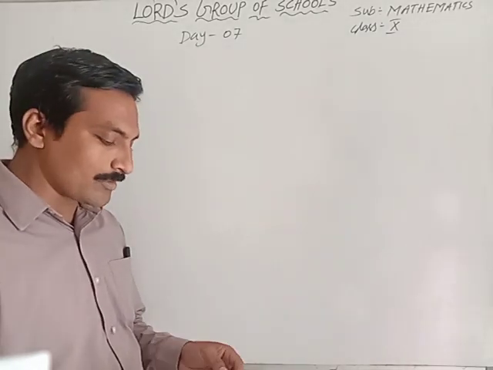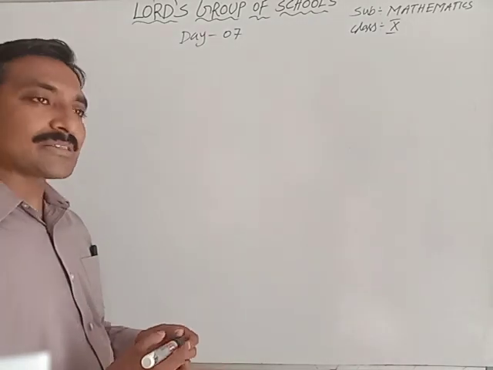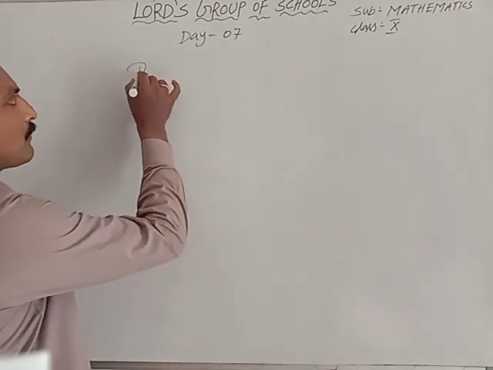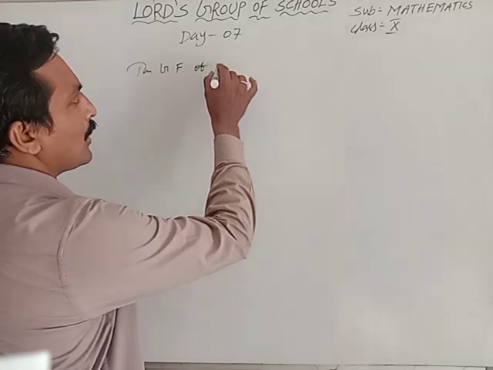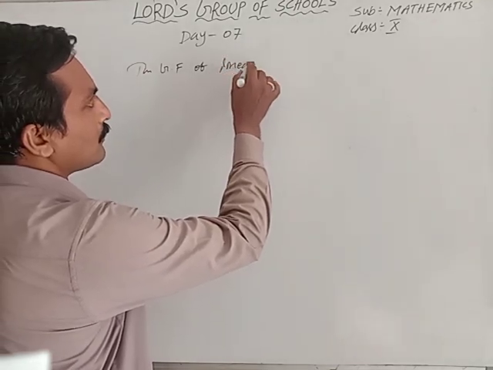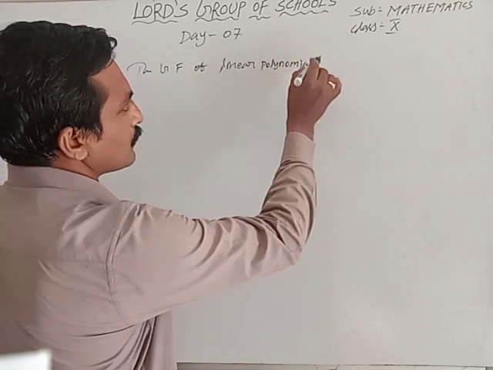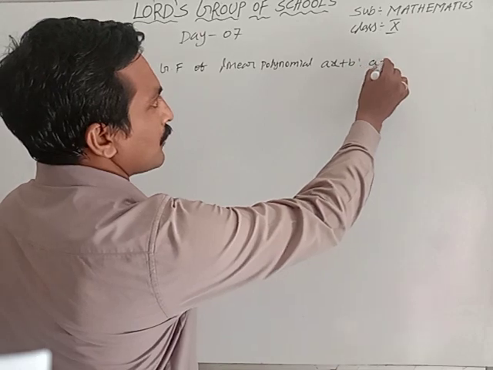Today, first of all, from the previous classes, the general form of a linear polynomial is ax plus b, where a is not equal to 0.